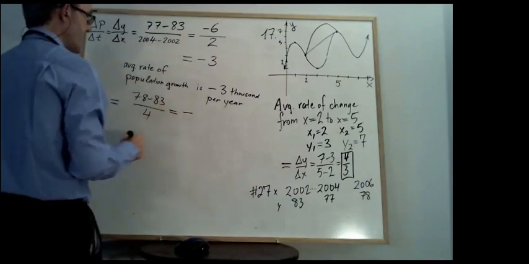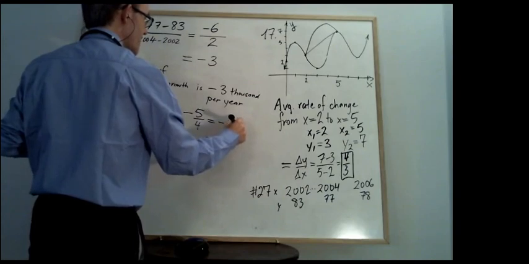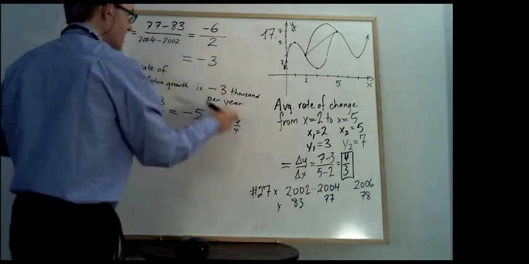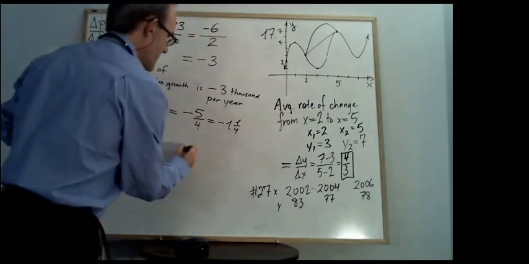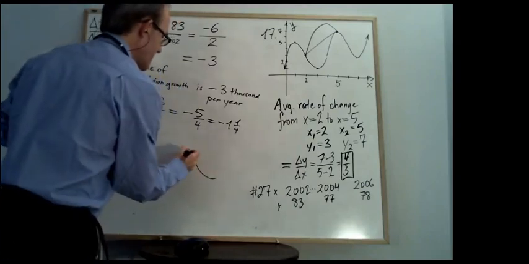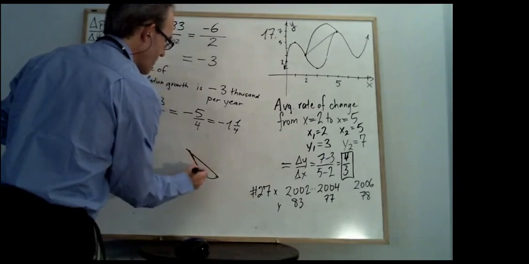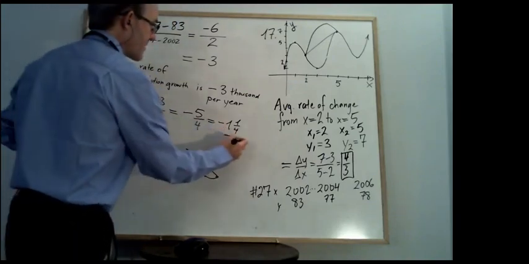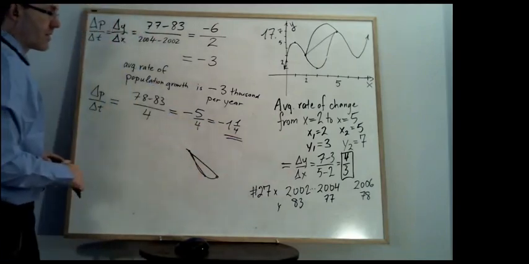Here we get minus 5 over 4, which is minus 1 1/4. So it's gone down in magnitude. That's because it went down and then up again. So you're decreasing the absolute value of the slope from where it was over here. But it's still negative, because it was a decrease overall.